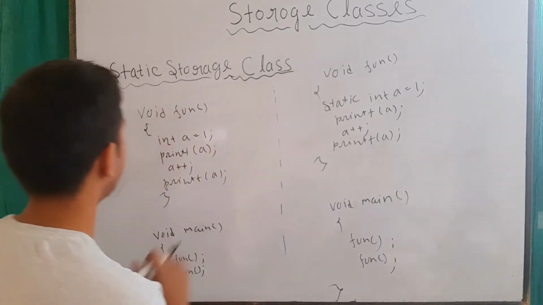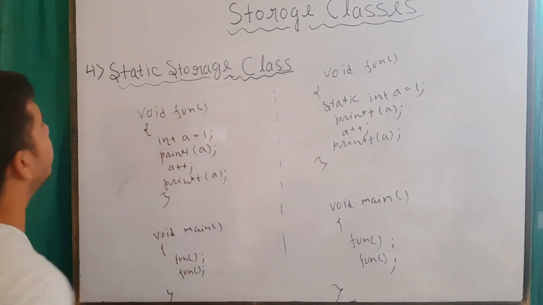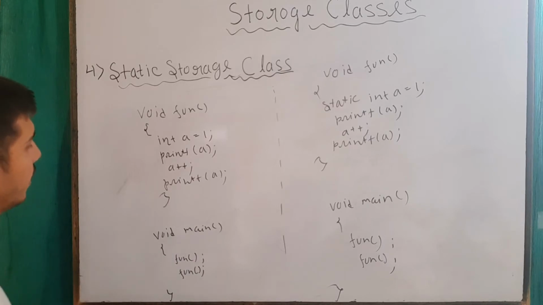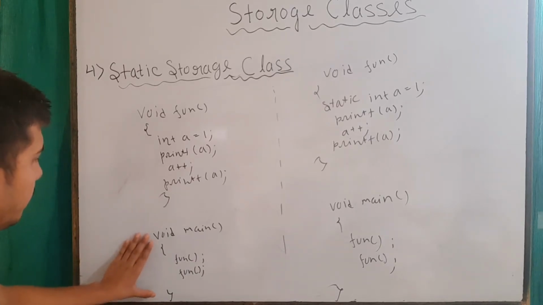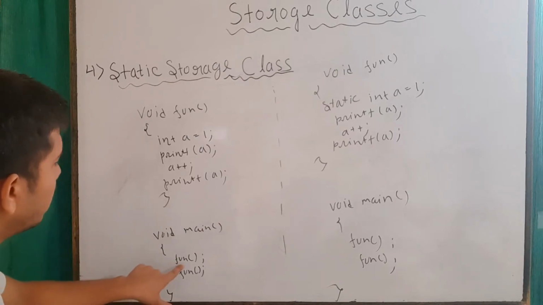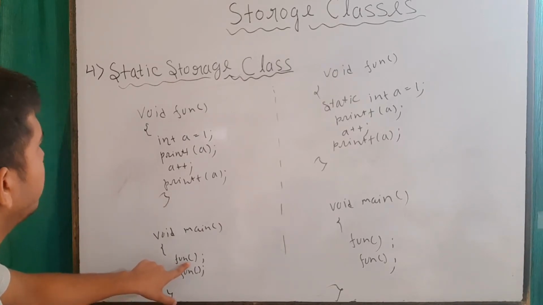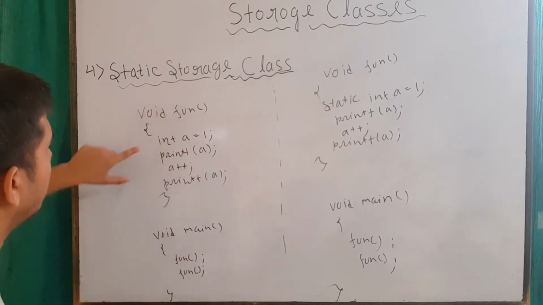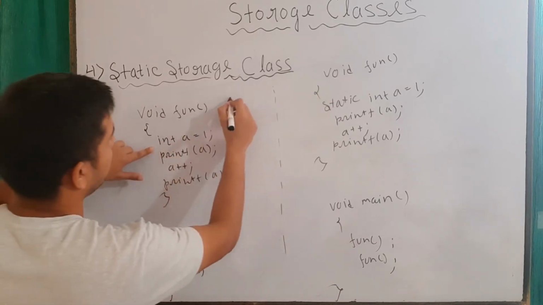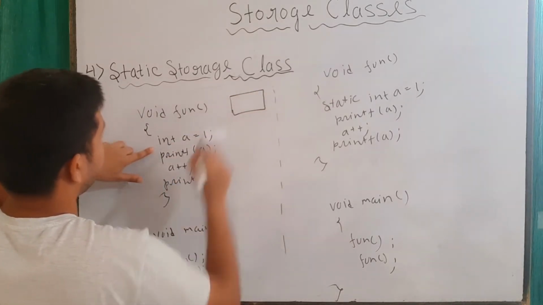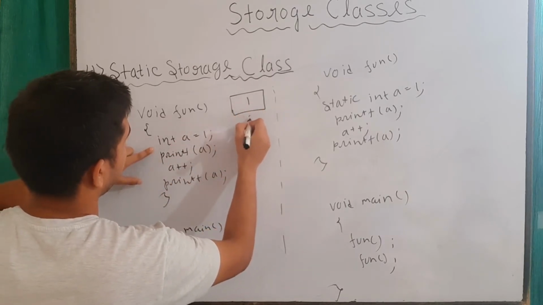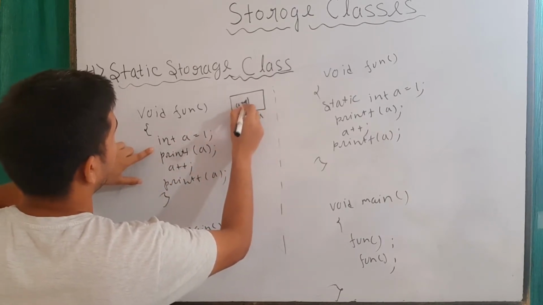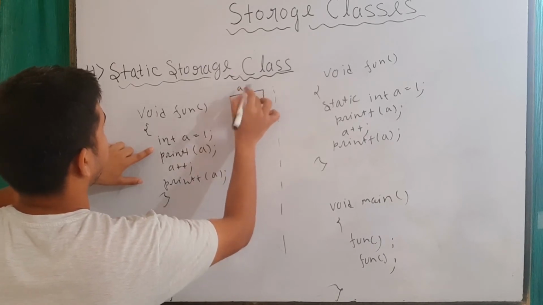So here is the normal case scenario. Our program execution will start from the void main function, right? First of all, it is calling this function. Now what happens? Int a equals 1, some memory will be allocated to this variable, and its value is 1.